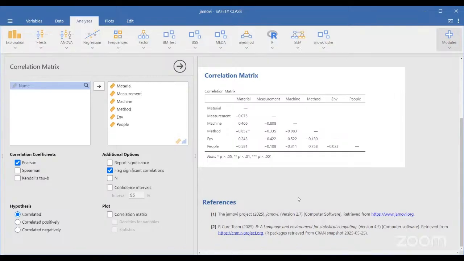And material and method is negatively correlated. Machine and environment is highly correlated. Another one, method and people, that is also highly correlated. So based upon the correlation, do you have any interpretation?